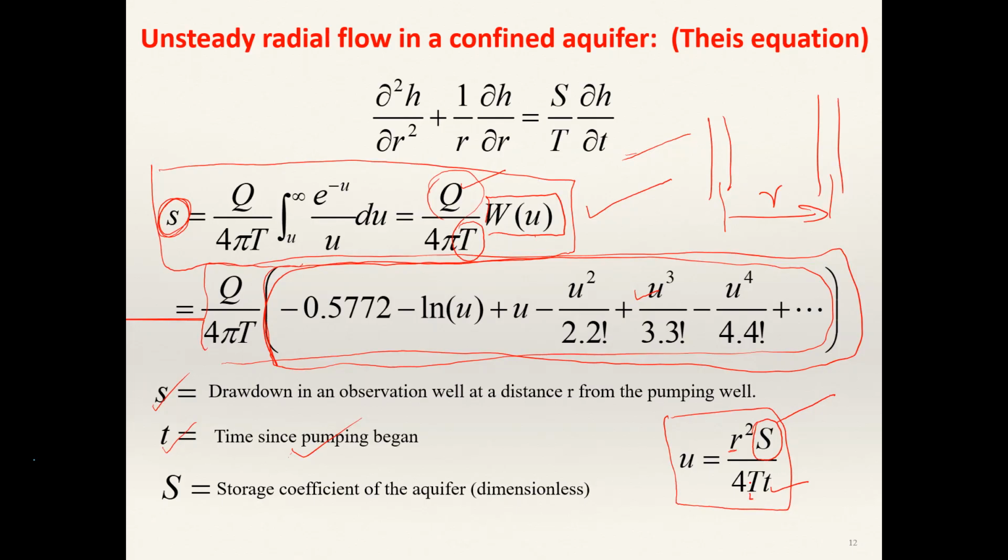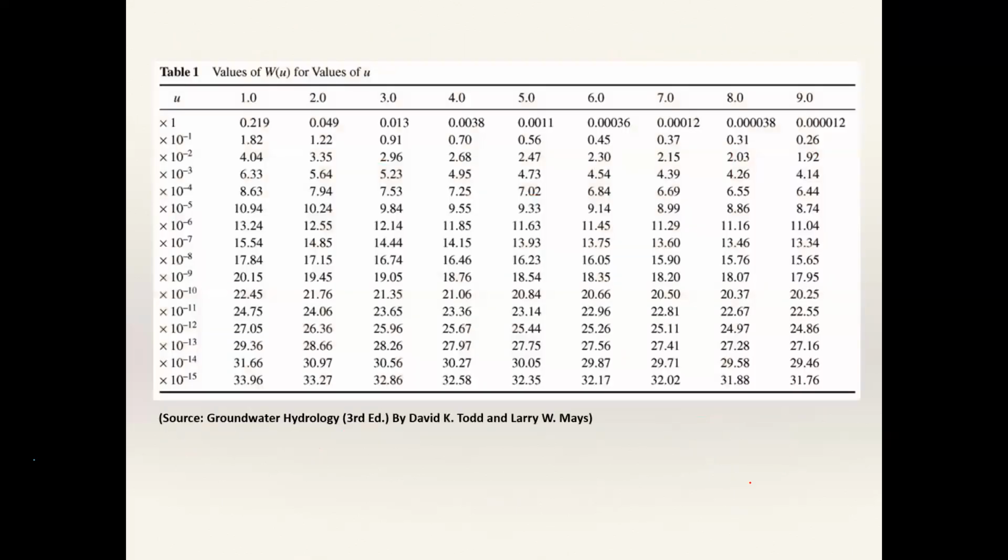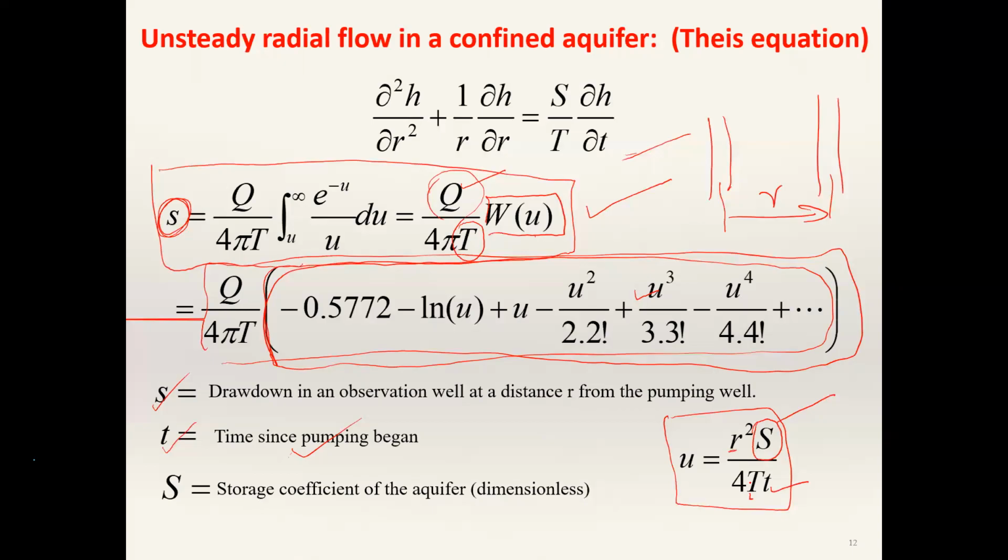So that is the Theis equation. To do that, you have to take the measurements. Now suppose that you know u. If you know u, you can find out W(u), that is the well function.